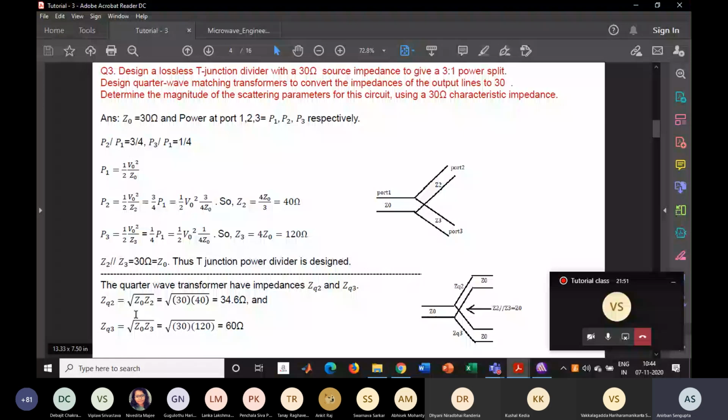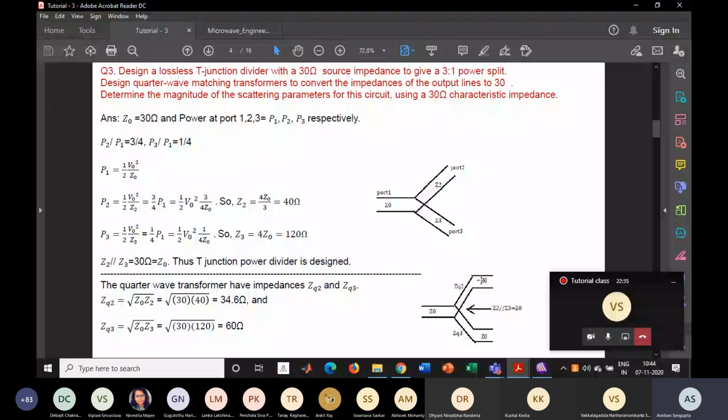The Z2 is found from these equations, and you can put it there. It will come out as 34.6 ohm. And for the third one, ZQ3 is under root Z0 into Z3. These are very straightforward equations for a 90-degree line, that is a quarter wave transformer line, and it will come out as 60 ohm. So for quarter wave matching, we can use these two impedance lines with 90-degree length to match those ports to 30 ohm characteristic impedance.